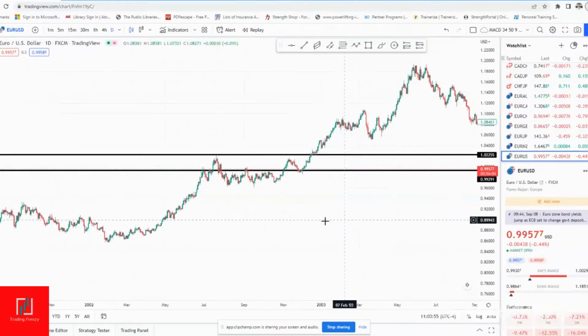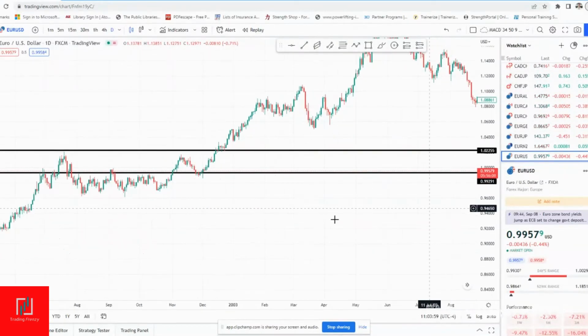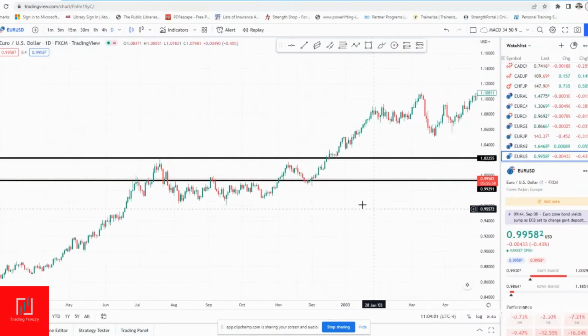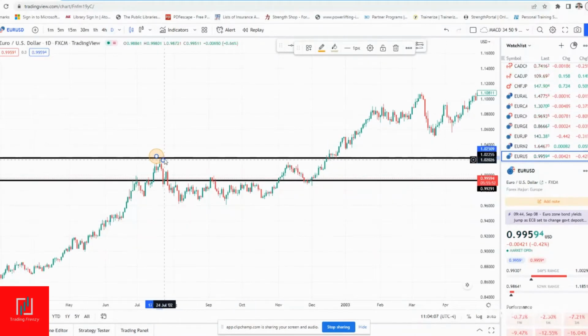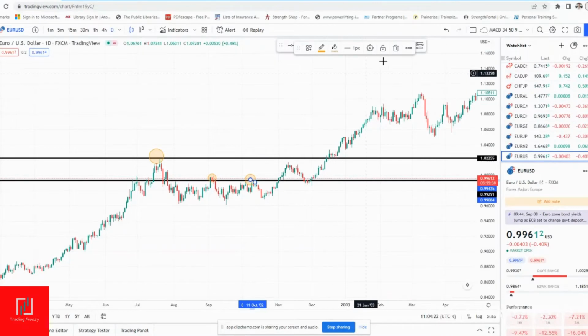And the amazing thing about this is if we look at this right here, 20 years in the past we have a resistance right here. Resistance right there. Resistance all the way throughout here.